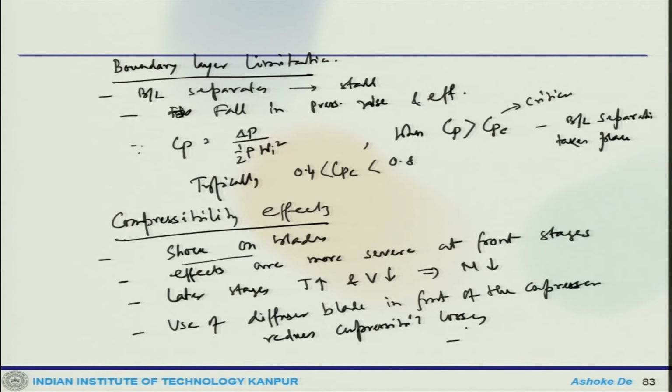So, these are the different factors or effects that one can think about considering in the system.